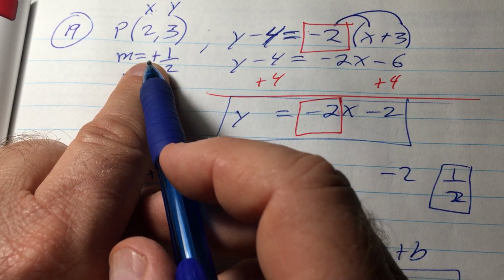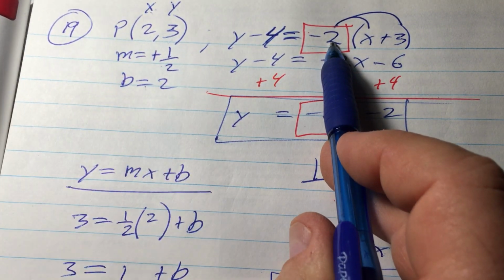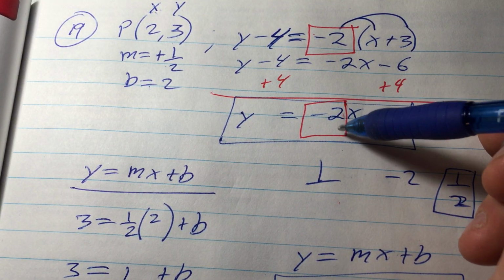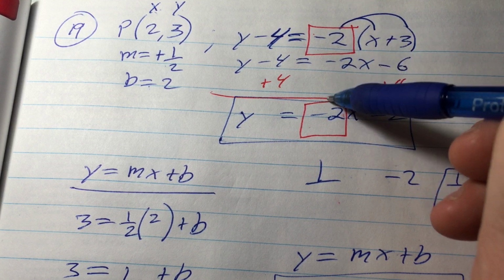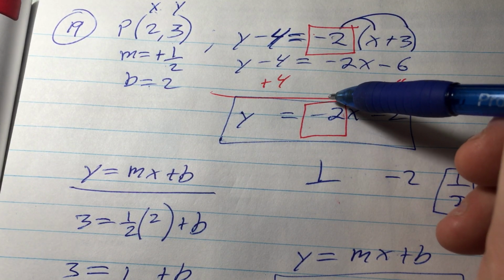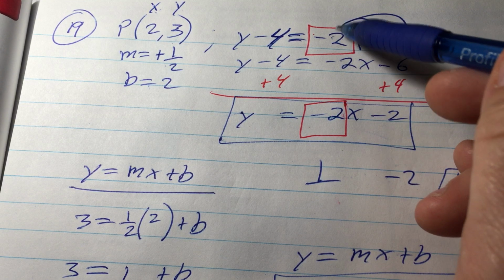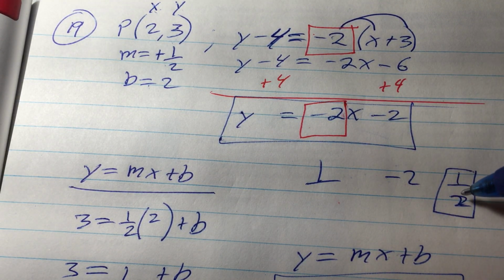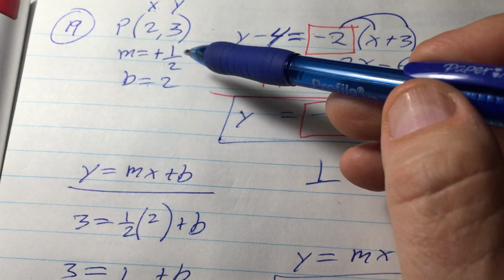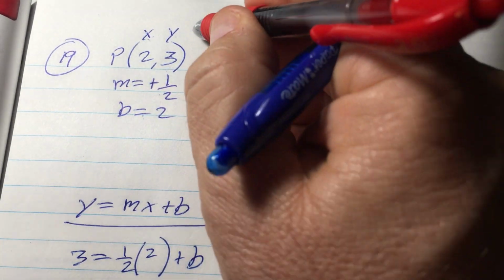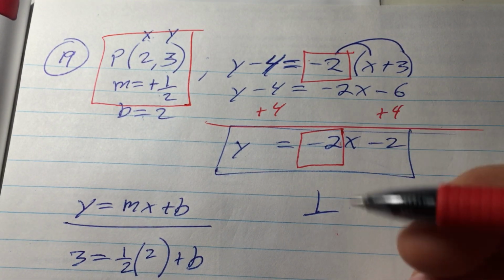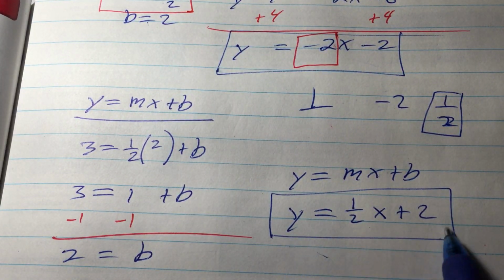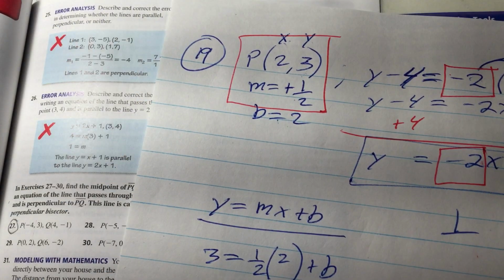Write an equation of a line that goes through this point and is perpendicular to this one. If you put this equation in slope-intercept form, you get this. I don't care which version. The slope is negative 2. We want to write an equation that is perpendicular, so we have to take the slope and find the negative reciprocal. It's 1/2. Now you're going to take this information and find an equation in slope-intercept form. And that's just what you did. There's your answer.